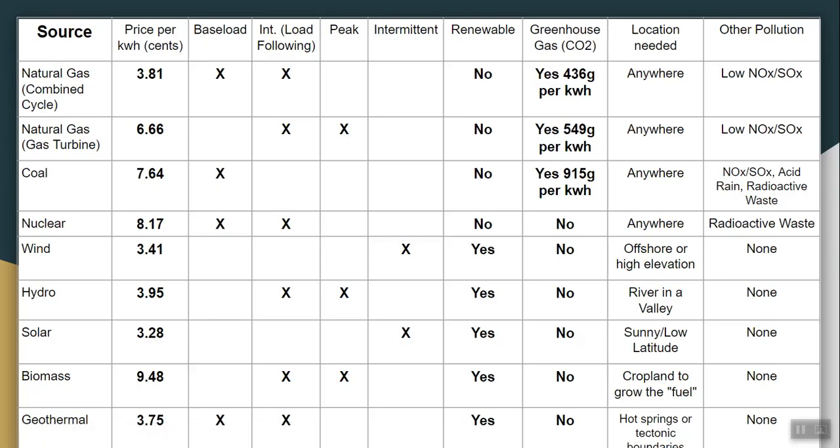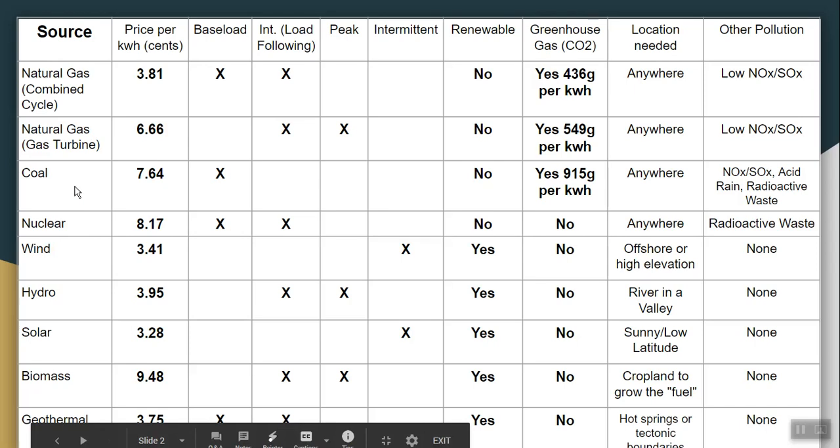Okay, so you can see here that there is no one perfect source of energy. So if you ever hear someone saying like we should just do all nuclear or all solar or whatever, it's not that simple. One thing I hope you do see is that coal is probably the worst.